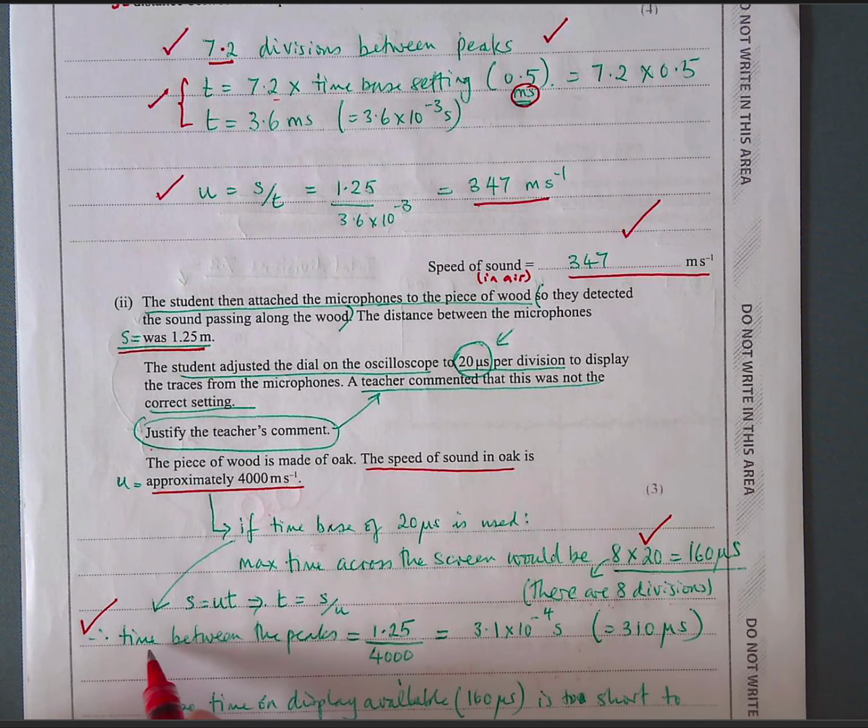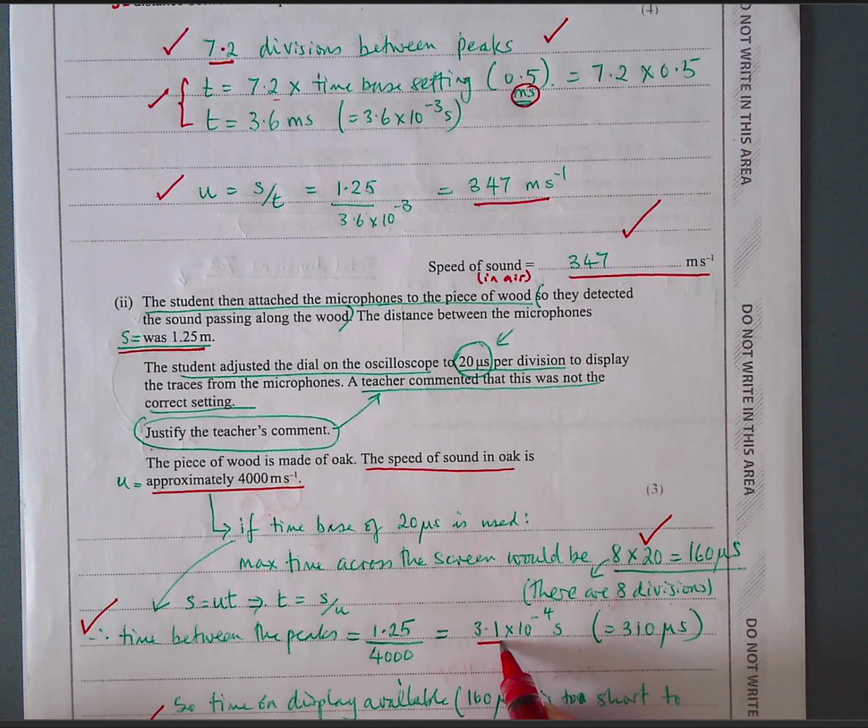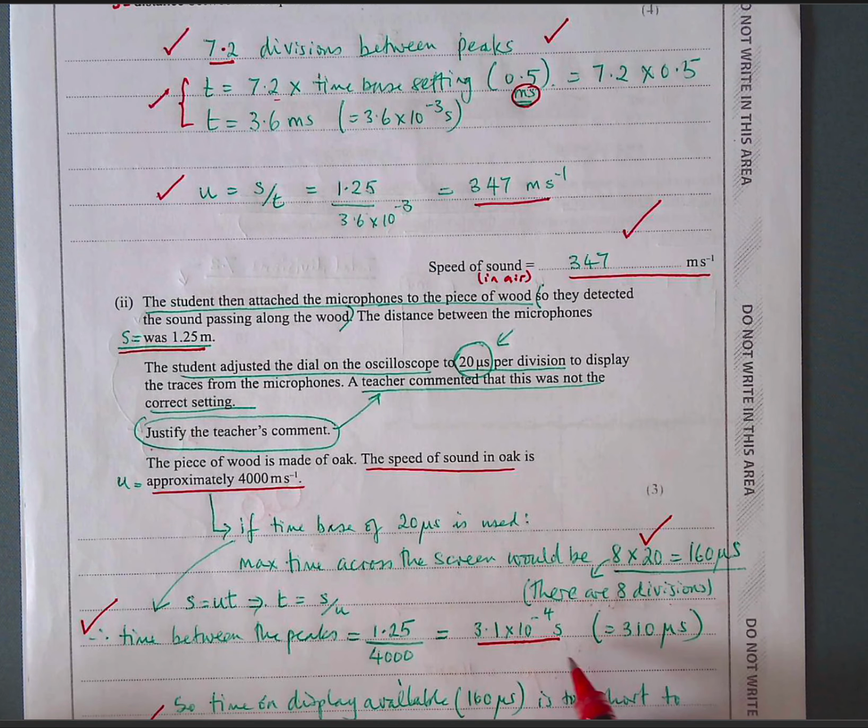So if you want to work out the time between the peaks at the two microphones, it would have to travel 1.25 meters further, and since it's traveling at 4,000 meters per second, it would take 3.1 times 10 to the minus 4 seconds to reach the second microphone. Well, we're on the microsecond scale, so 3.1 times 10 to the minus 4 seconds is 310 microseconds.